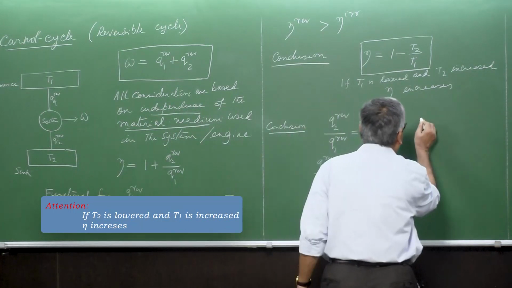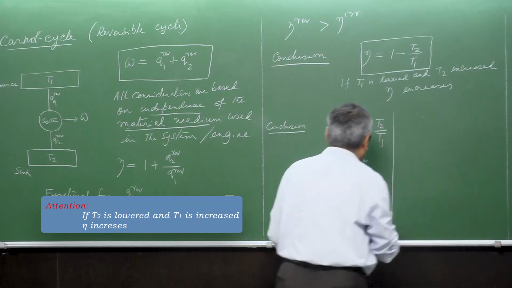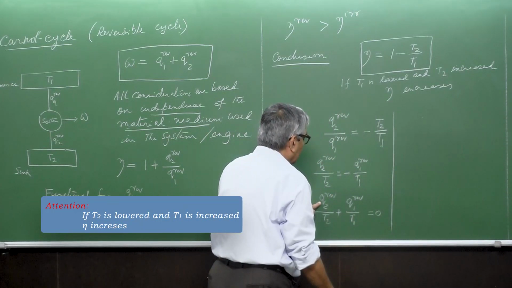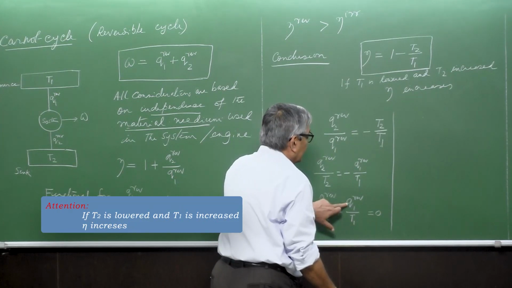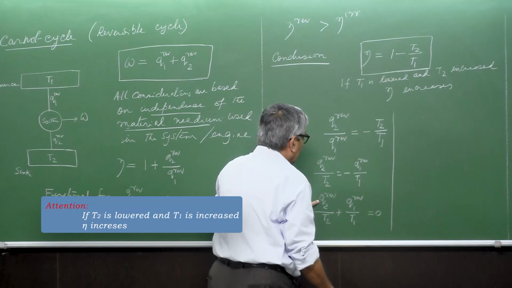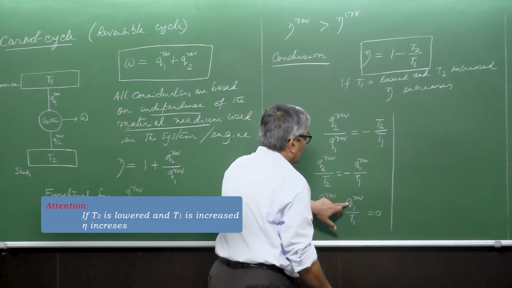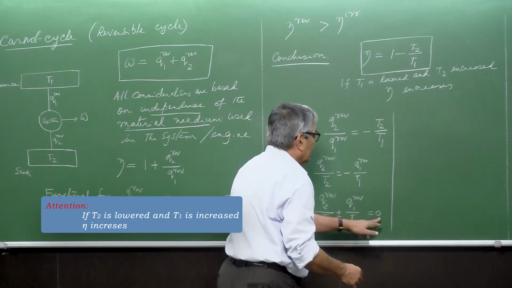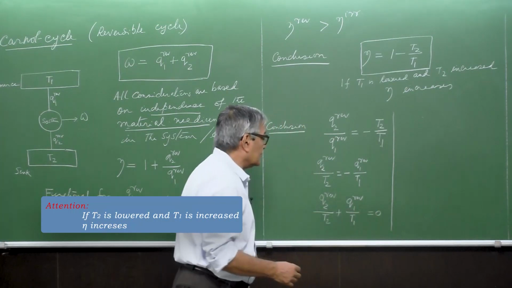So this is basically a sum over the heat exchanged with T2 and with T1: Q2 by T2 plus Q1 by T1 and so on. You can add other engines, and if you add them, finally this result is equal to 0.